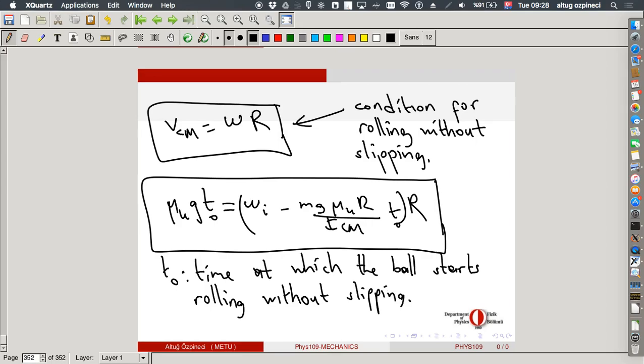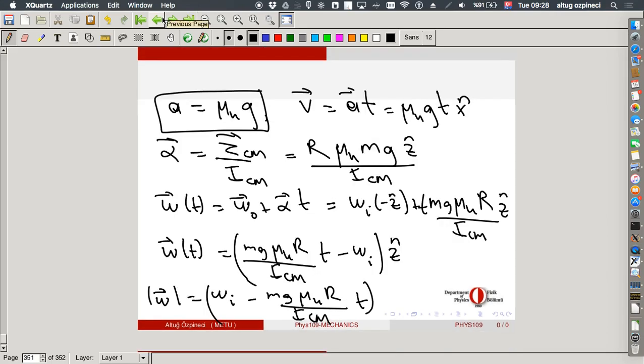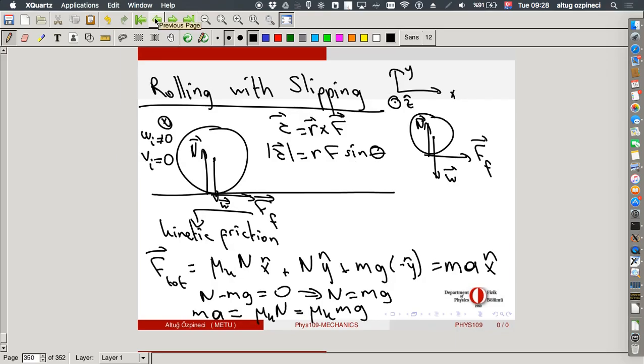So now after this time, neither this equation nor this equation will be valid. These two results, this one and this one, are valid only until the ball starts rolling without slipping. Because once the ball starts rolling without slipping, the friction force over here is no longer kinetic friction.